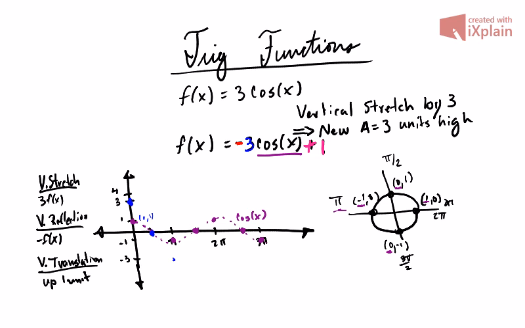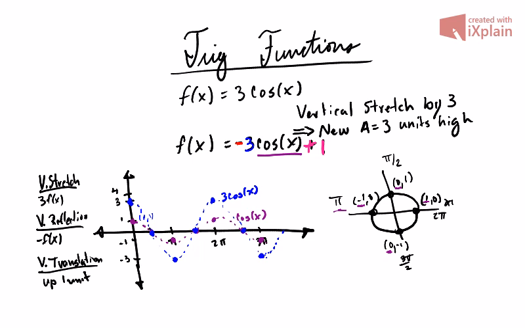Negative 1 times 3, negative 3. 0 times 3, still 0. 1 times 3, 3. 0 times 3, 0. Negative 1 times 3, negative 3. So this is 3 cosine x, and that is what the stretch would look like.